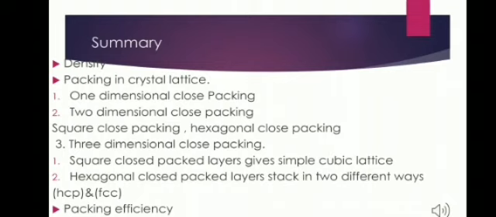In this we have learned how the close packing in one dimension and two dimension can be done. And two-dimensional close packing can be done in two ways, that is square close packing and hexagonal close packing. And we have also learned how the close packing is done in three dimension by using this two-dimensional close packing.